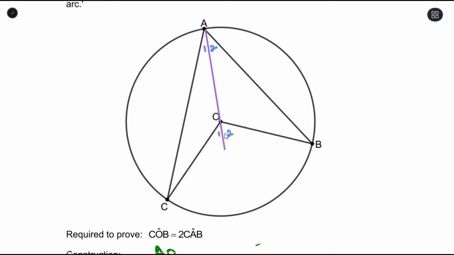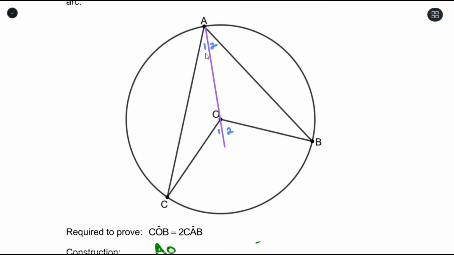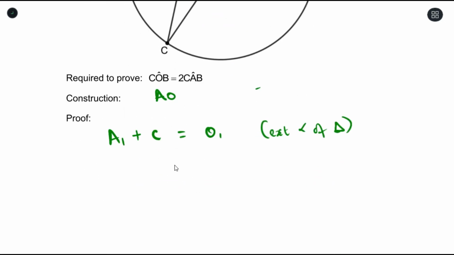So A1 plus C gives you that. Another thing that we know is that angle A1 is equal to C. The reason is because OA and OC are radii, which makes triangle OAC an isosceles triangle. So we could say that A1 is equal to C.